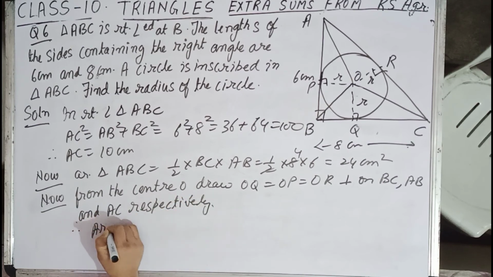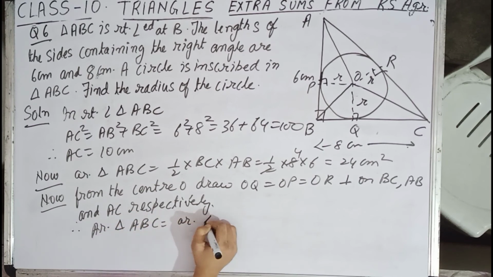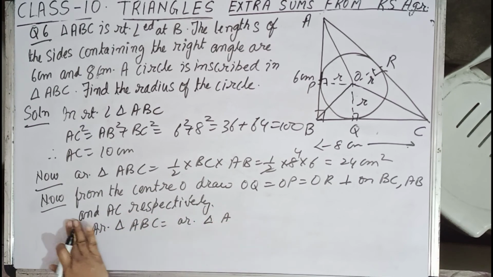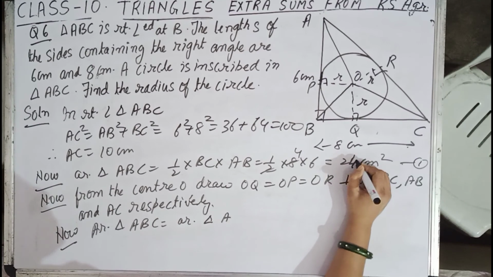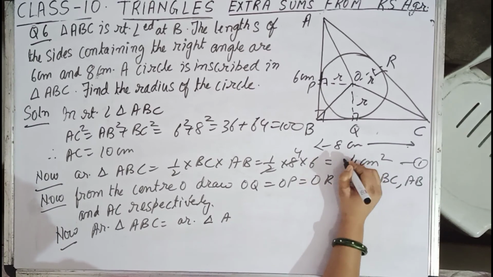Therefore area of triangle ABC equals area of triangle. Don't write therefore right now, and make this equation number 1. Right, nicely.